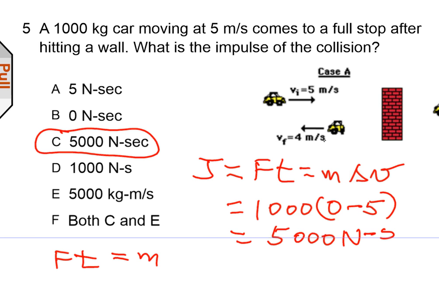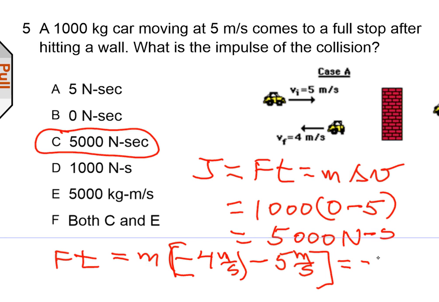But now delta v is the final, which is minus 4 meters per second, minus the initial, which is plus 5 meters per second. So the change in velocity is minus 9 meters per second. So this will be minus 1,000 times 9, or 9,000 newton seconds. So you can see the fact that the car bounced off is a much larger impulse of collision.